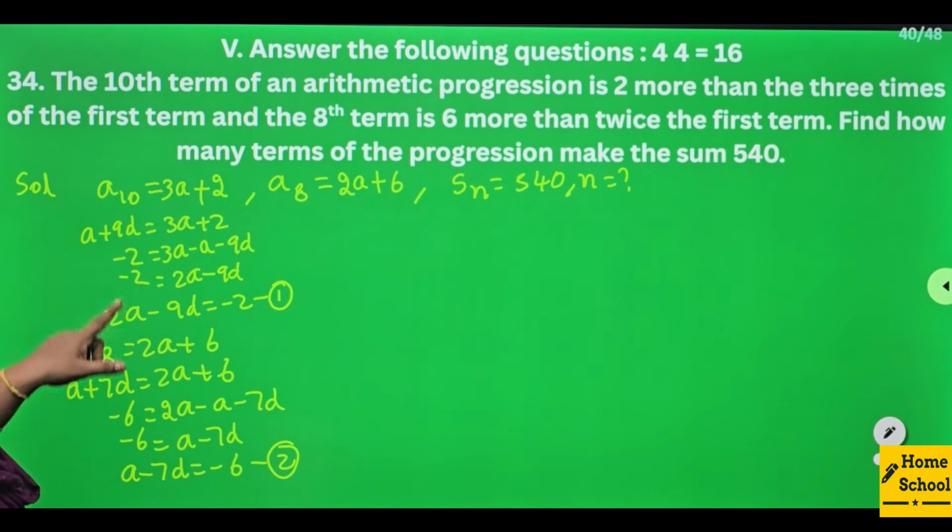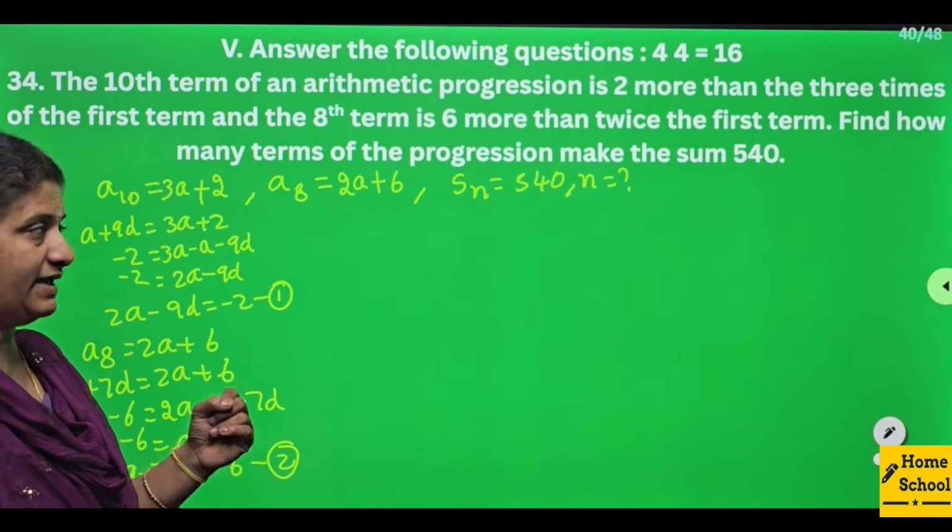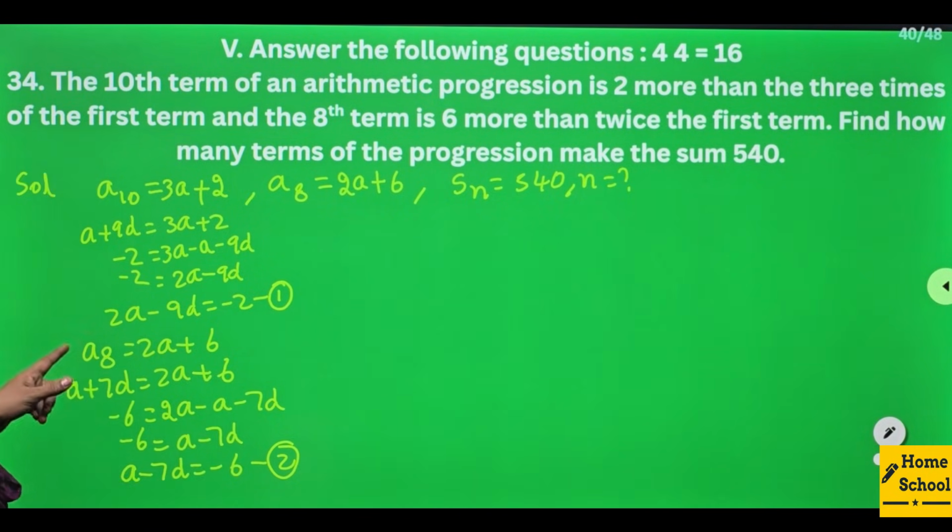Observe equations 1 and 2 carefully: 2A, A, 9D, 7D. So you need to solve this for A and D values using the elimination method. But here I should make both the terms same.